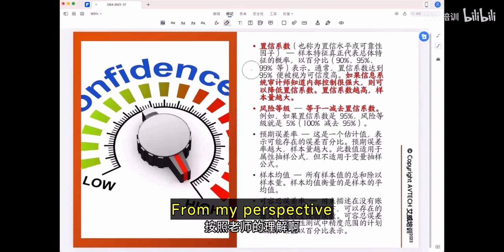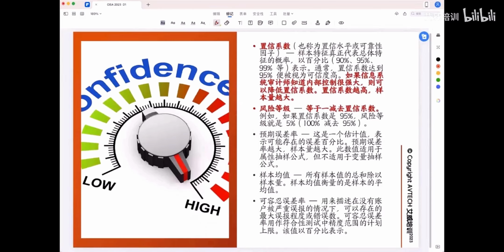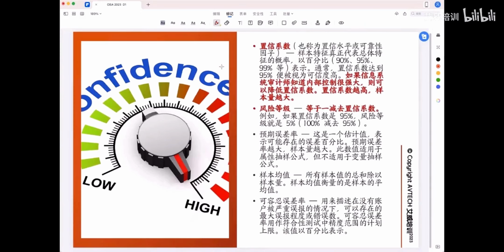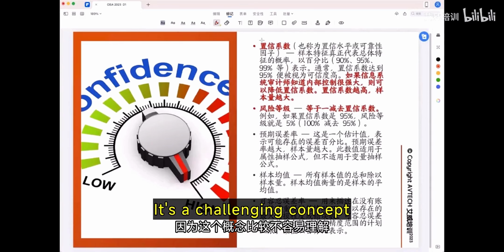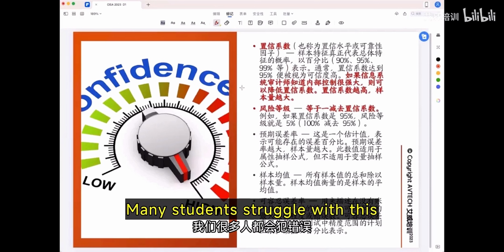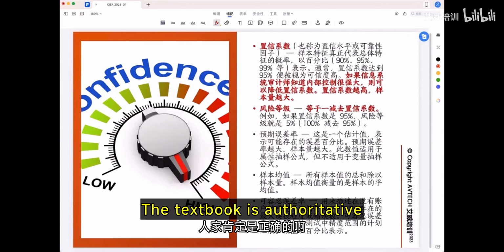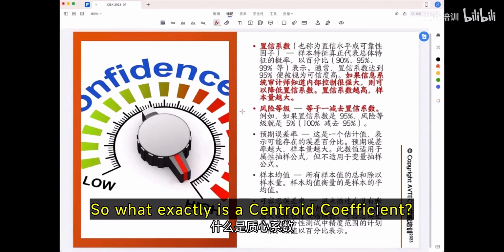From my perspective, don't dismiss the CISA textbook as incorrect. You haven't reached that level of expertise yet. So trust the textbook's definitions. It's a challenging concept. Many students struggle with this. Even CISA certified students often misunderstand it. The textbook is authoritative. So what exactly is a centroid coefficient?